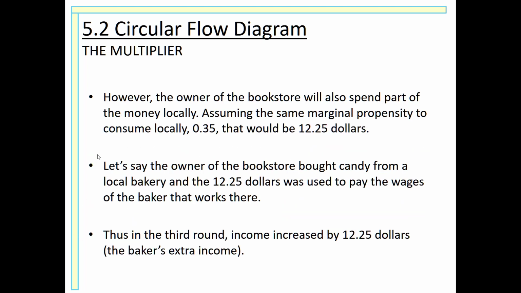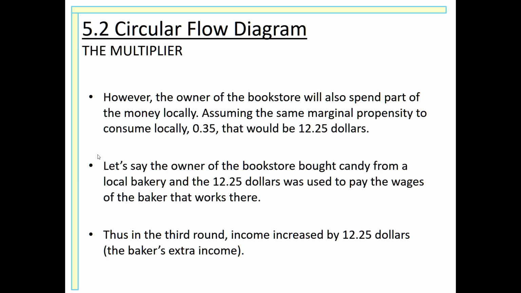However, the owner of the bookstore will also spend part of the money locally. Assuming that the owner of the bookstore has the same propensities to spend as you have, he will have the marginal propensity to consume of 0.35. That means of the $35, $12.25 he's going to spend locally.